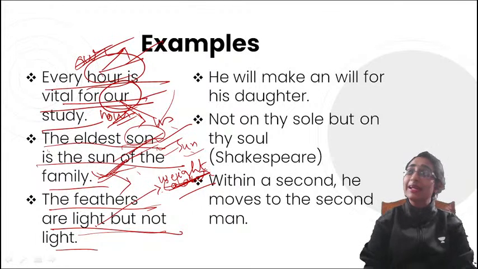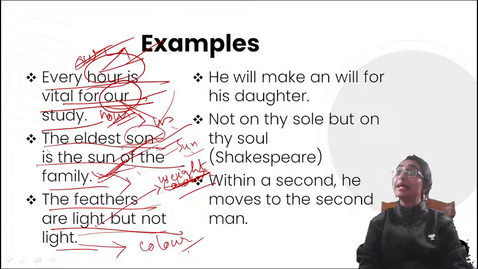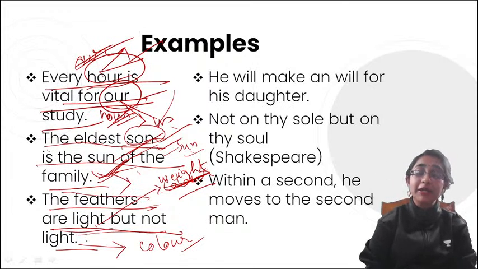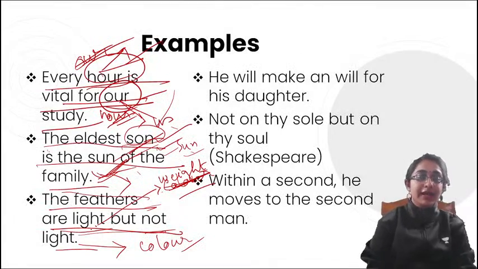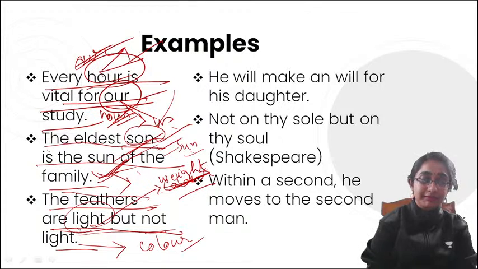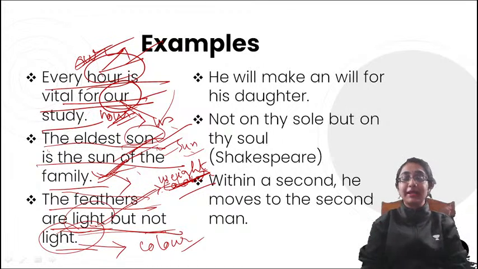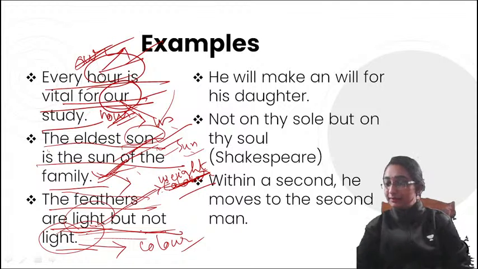The feathers are very light in weight, but not light, which means the color. They are not light color, they are dark. So the same words, but meanings are different. The first light means weight, and the second light means the color, dark light, that color.